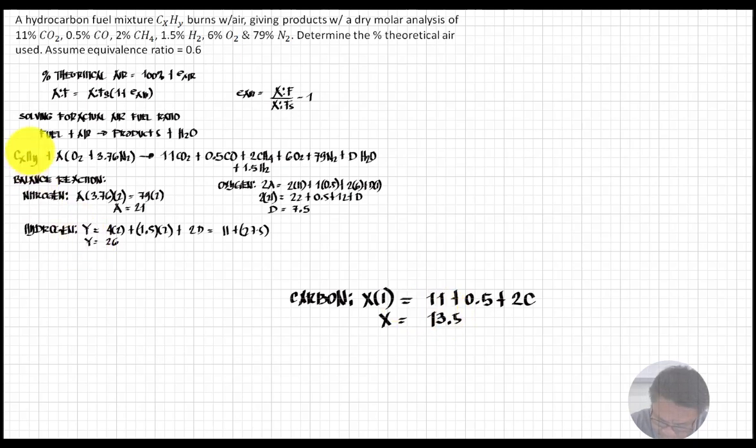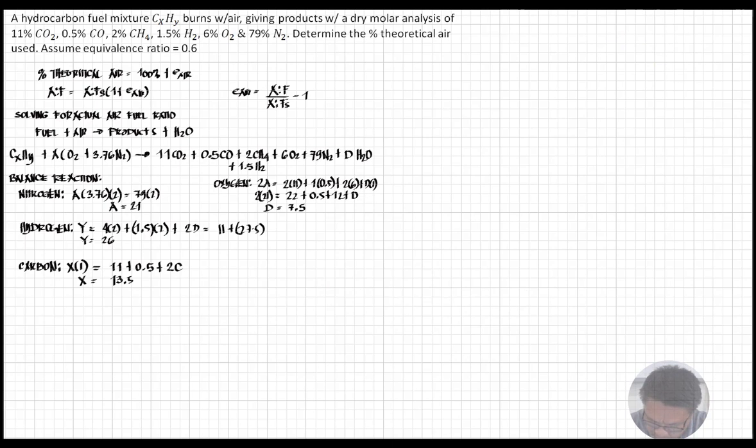So we now have y, so we can identify the type of fuel that we will use. What I mean is, what type of fuel is being used during the combustion. So, writing the chemical equation of the fuel, that will be C. Your X value will be 13.5.